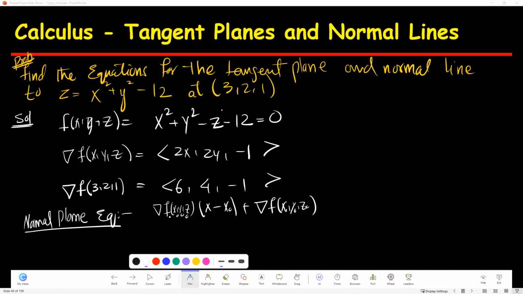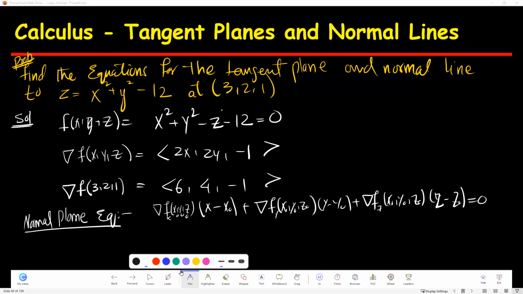And this one is x, y, one is z. Oops, z minus c must be equal to 0.